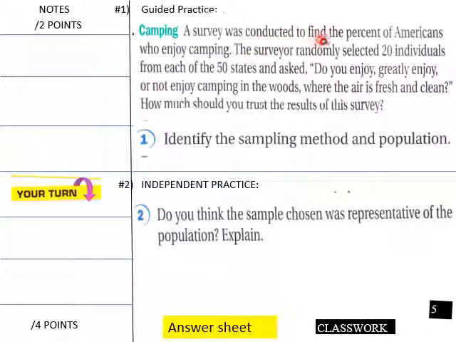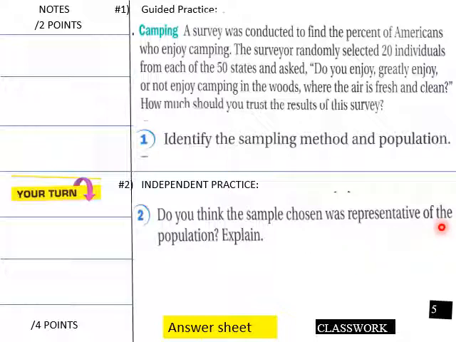Now, a survey was conducted to find the percent of Americans who enjoy camping. The surveyor randomly selects 20 individuals from each of 50 states: do you enjoy, greatly enjoy, or not enjoy camping in the woods, and so on. How much should you trust the results of this survey? Identify the sampling method. Students, this is yours.